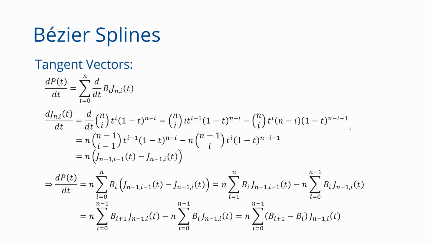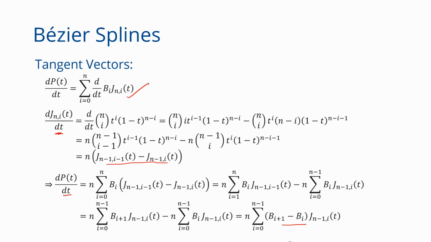Next, we make an observation about the tangent vectors of the curve. Given that the equation of the curve is given to us by P(t), then dP by dt will be the derivative of this, right? So here we have first computed the derivative of the basis function, which turns out to be that, and then we substitute it inside dP by dt to get the derivative of the curve.